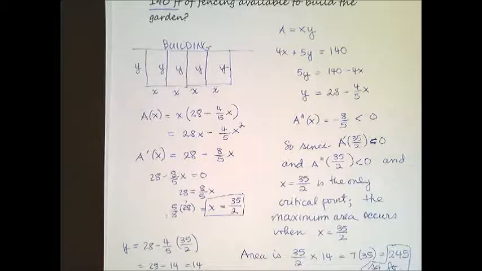You need an optimization equation. You should look to see if there are any constraints. It's a good idea to think about domain before you get too far into analyzing the derivative. And you can justify it by doing the first or second derivative test. The candidates test is another possibility for justifying the max or min.